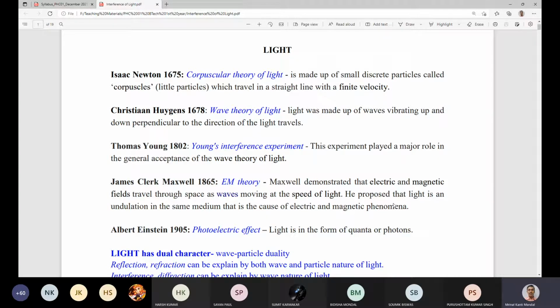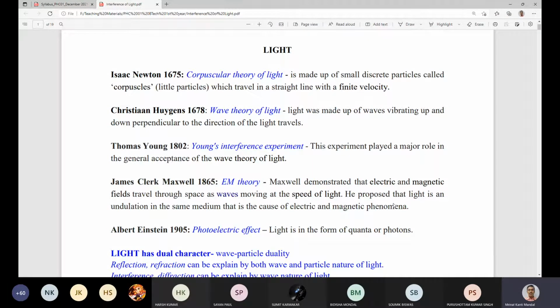But in 1678, another scientist, Huygens, introduced one new concept. That new concept is the wave theory of light: that light is basically made up of waves vibrating up and down perpendicular to the direction of its travel.